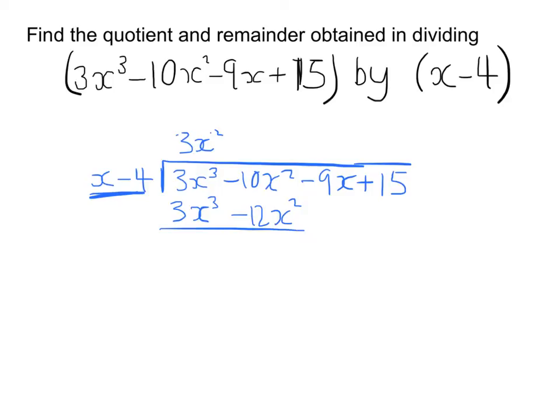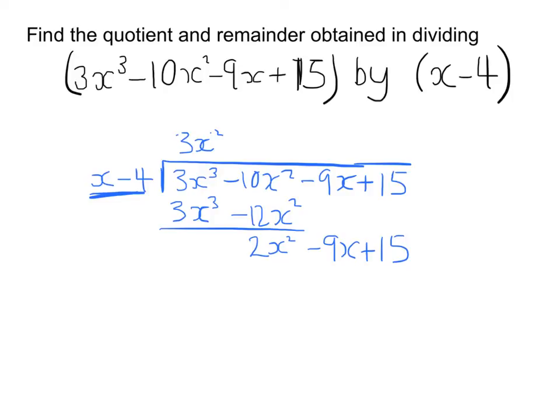Then we do the subtraction, and we get minus 10x squared minus minus 12 ends up with 2x squared. And then we've got minus 9x plus 15, because we're not taking away anything from them.